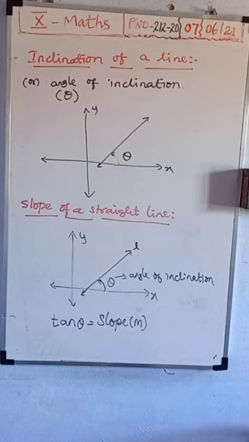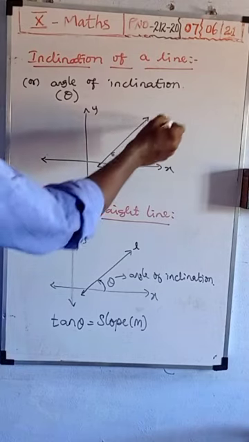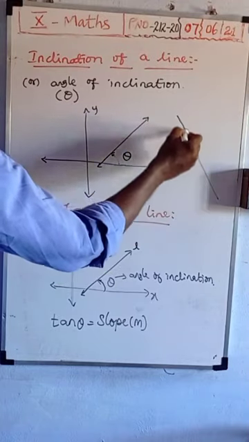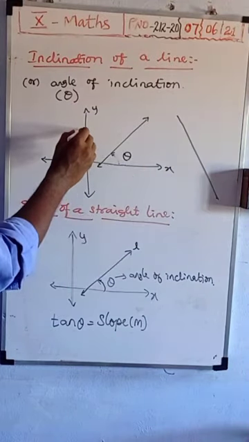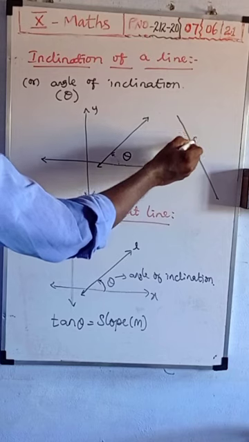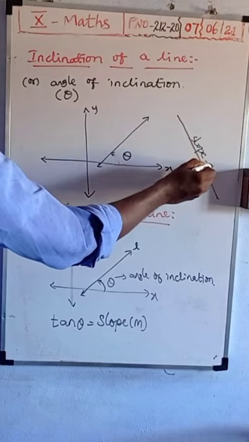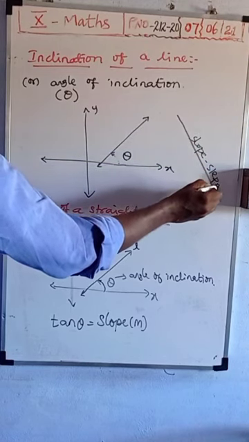The measure of steepness is called slope. It should not be horizontal, not vertical; it should be sloped. This is called steepness.